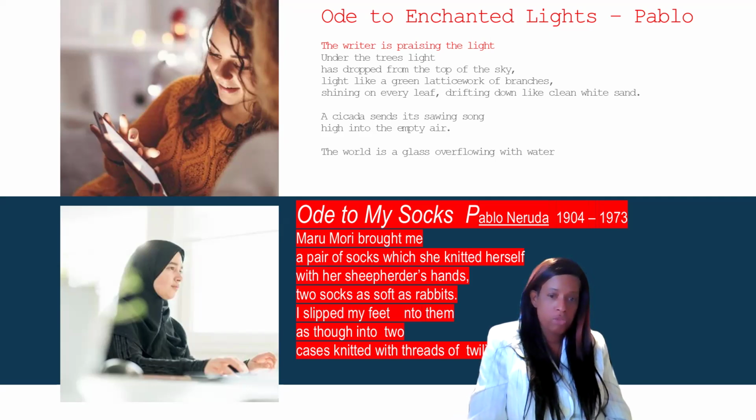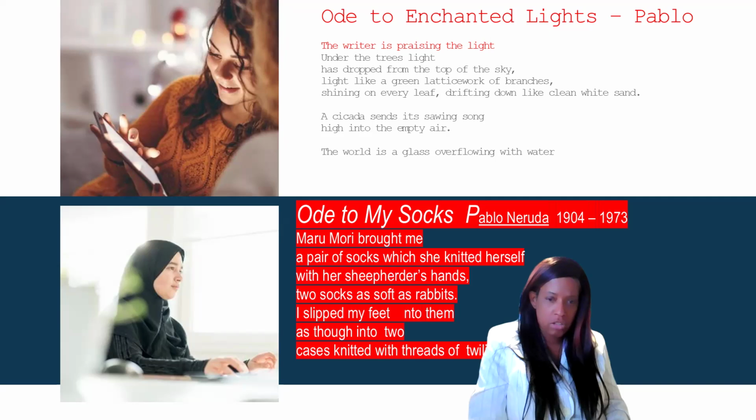So we're going to talk about maybe some similes, some imagery, some metaphor, alliteration. You may not have been taught alliteration yet, so I'll give you what alliteration means. Sawing, song.